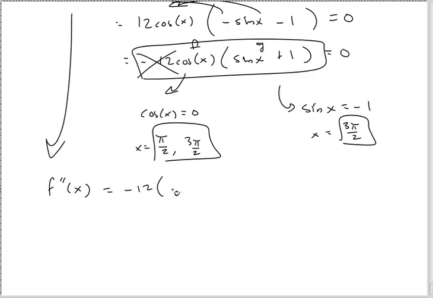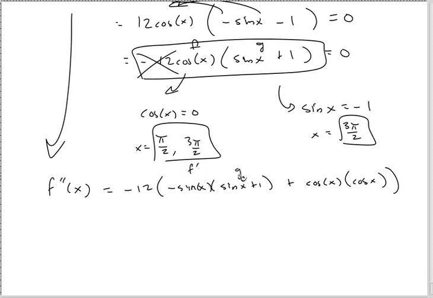And so I'm going to take the derivative of the first, which is going to be a negative sine x, and then I leave the second one alone. And then I leave the first one alone, and I take the derivative of the second one. Sine goes to cosine, and the 1 goes away entirely. Okay.